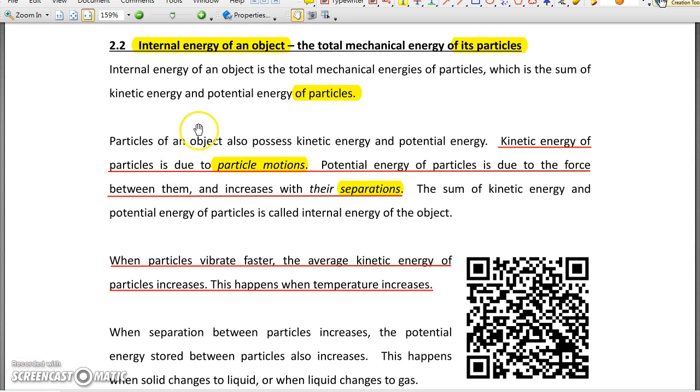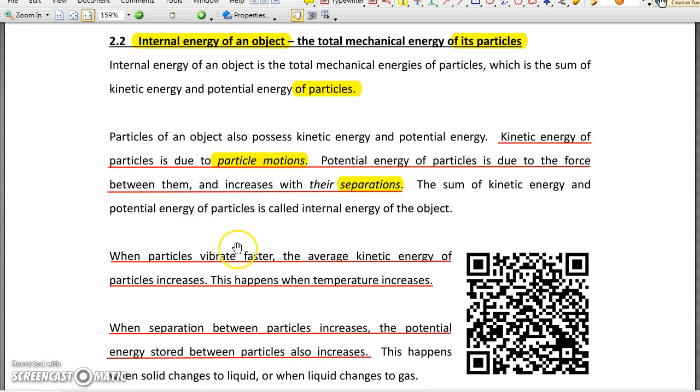And of course, particles of an object also have kinetic energy and potential energy. The kinetic energy of particles comes from their motions, and the potential energy of particles comes from the force between particles, and that potential energy increases with the separation between particles.